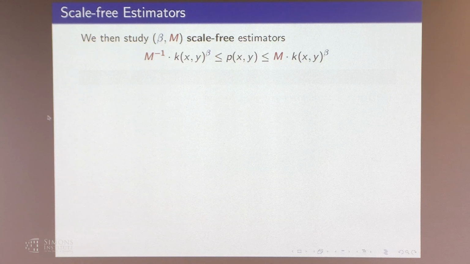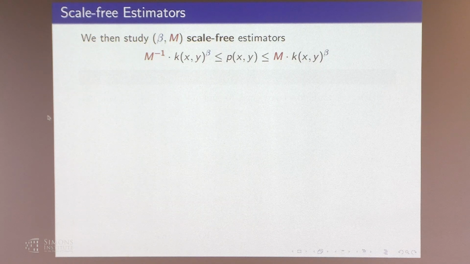Earlier we said if you wanted to do importance sampling, the probability of sampling an element should be directly proportional to its weight, right? If you use that intuition, it would seem that the natural thing to do would be to find a hash function whose collision probability was exactly equal to the kernel value. Okay? Turns out that that's not quite the case.